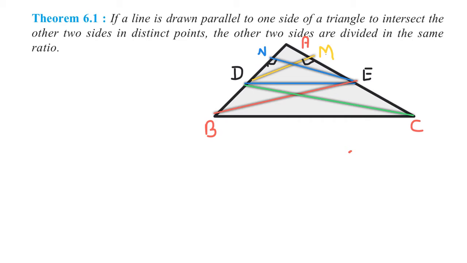joined BE and CD. According to the theorem, if a line is drawn parallel to one side of a triangle to intersect the other two sides in distinct points, the other two sides are divided in the same ratio. It means that AD over DB is equal to AE over EC.